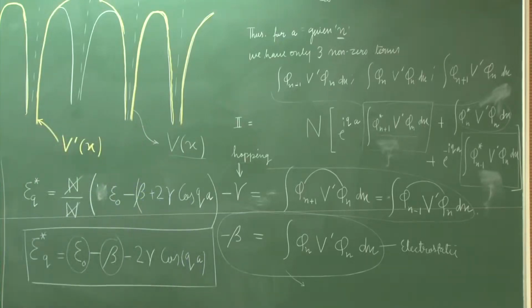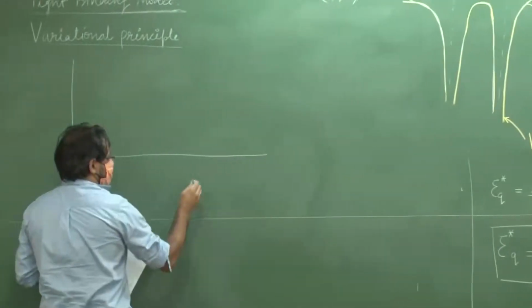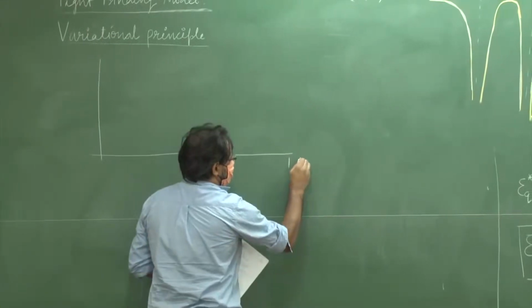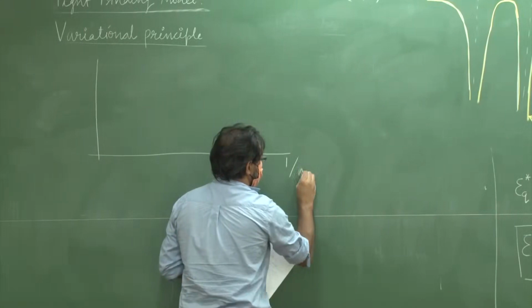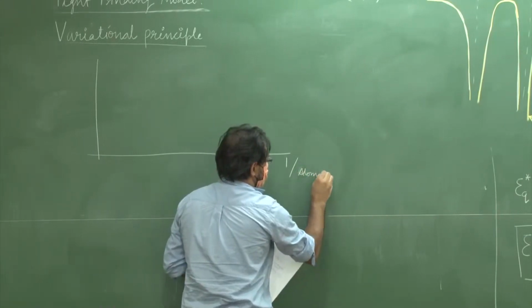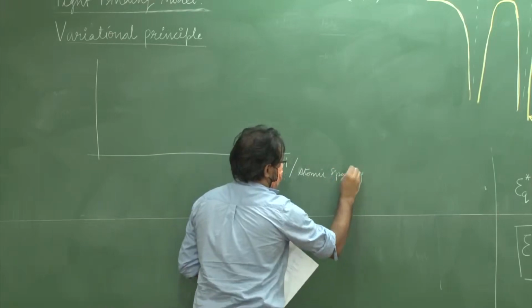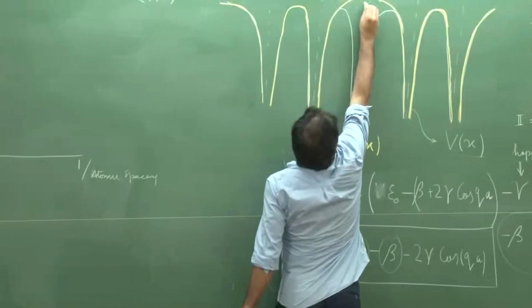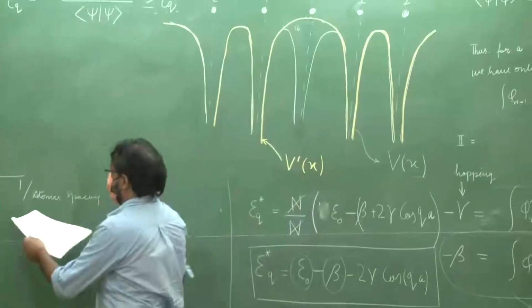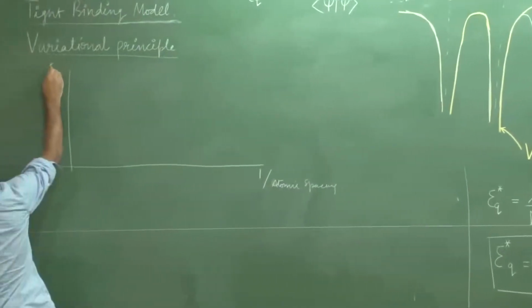Then you can plot a very nice plot, which is 1 by atomic spacing. So here the atomic spacing is A, right? So this is 1 by A basically on the x-axis, and on the y-axis is energy.